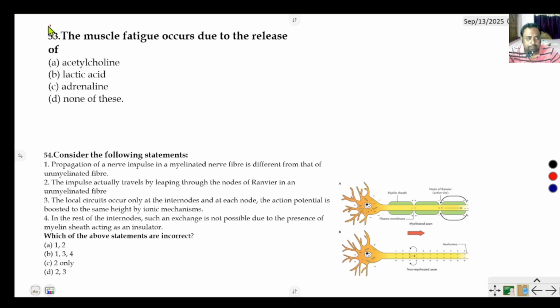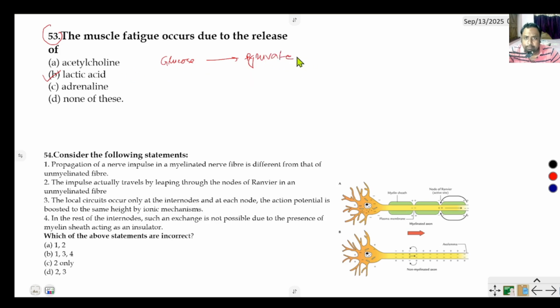Next, question 53. Muscle fatigue occurs due to the release of acetylcholine, lactic acid, adrenaline, none of these. The correct option of this question is lactic acid. Normally, in the respiration process, glucose breaks down into pyruvate in the glycolysis process.